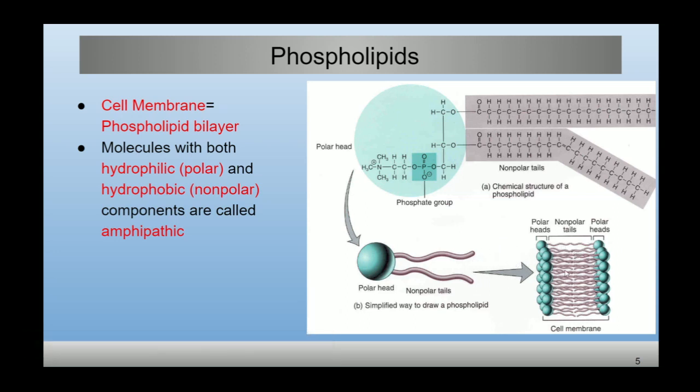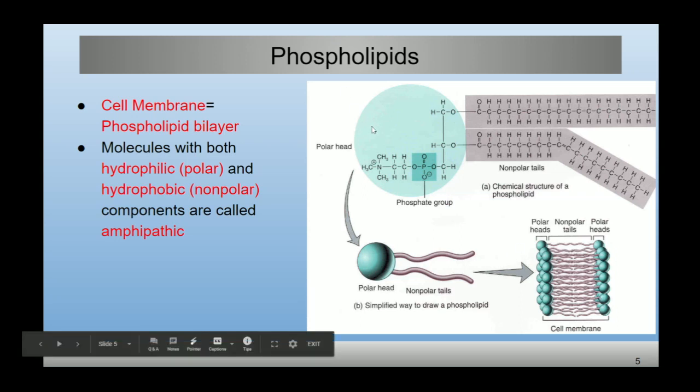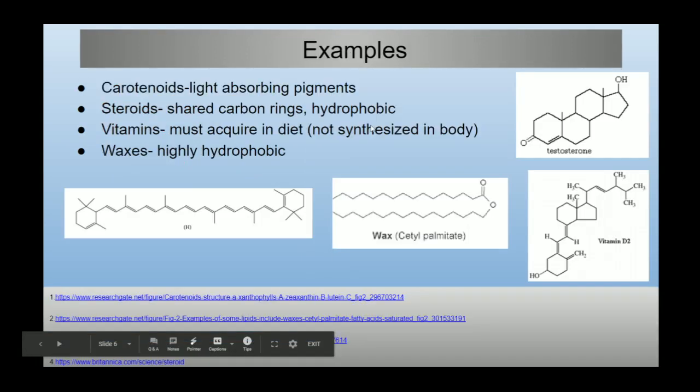So your nonpolar tails, another word for which is hydrophobic, don't want to be near water. They fear water. Because they don't want to be near water, they fold in among themselves right in the center. The polar heads love water. They don't really care about avoiding it. They love it. So they're going to be on the outsides, and you're going to see a configuration like this making up the cell membrane.